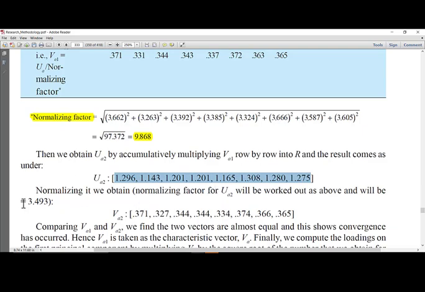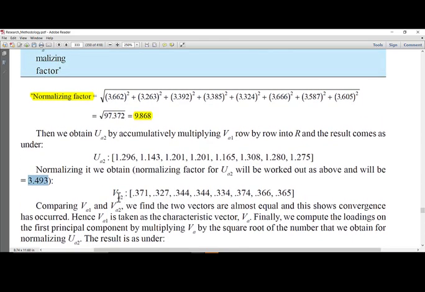That value is 3.493. After obtaining this normalizing factor, we have VA2. We are normalizing UA2, so normalized UA2 is written as VA2. This is obtained by 1.296 divided by 3.493.